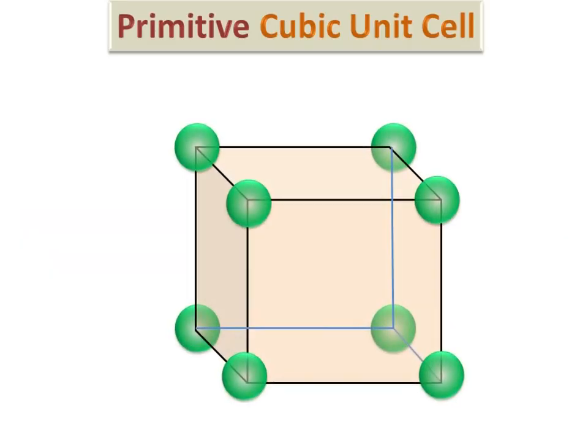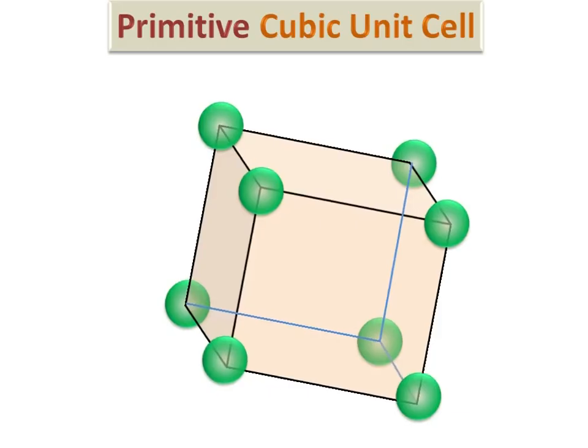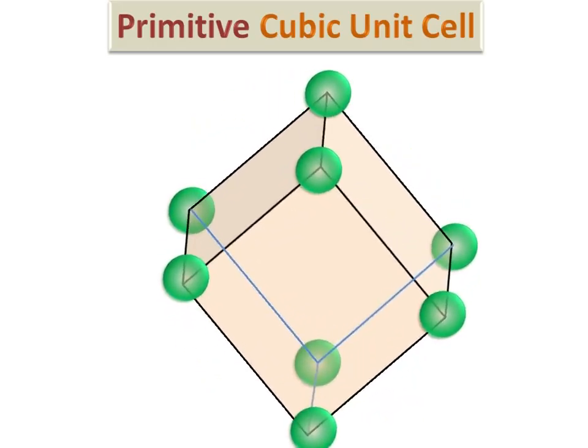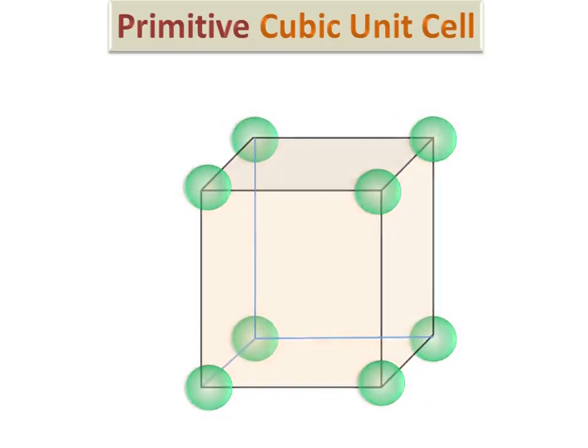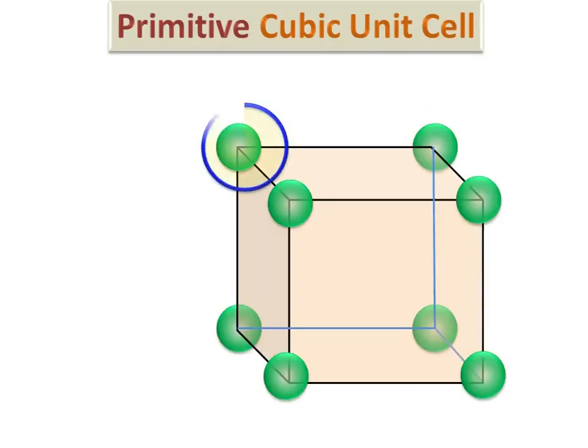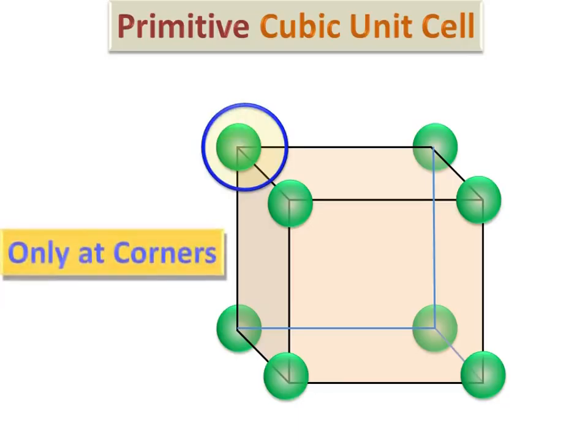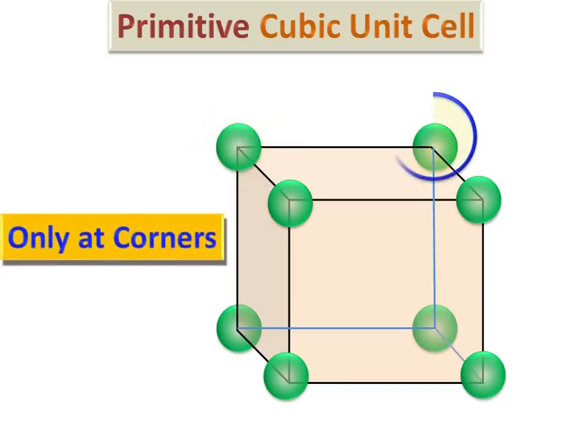Primitive cubic unit cell. Primitive cubic unit cell has atoms only at its corners. It contains one atom at every corner.